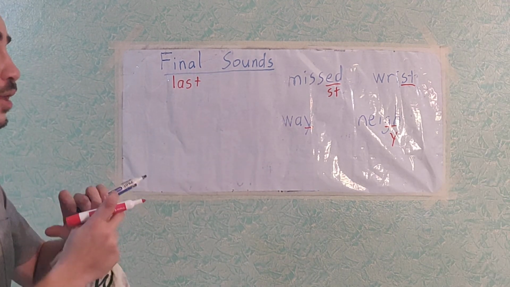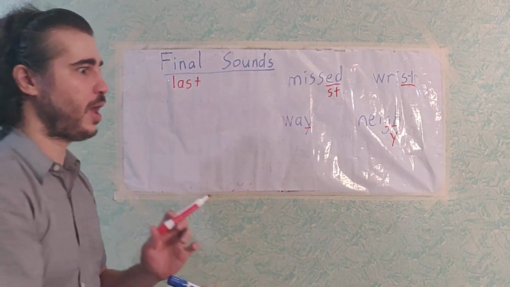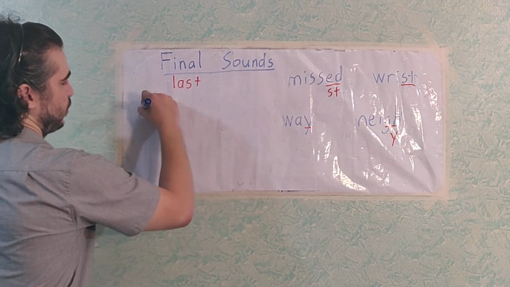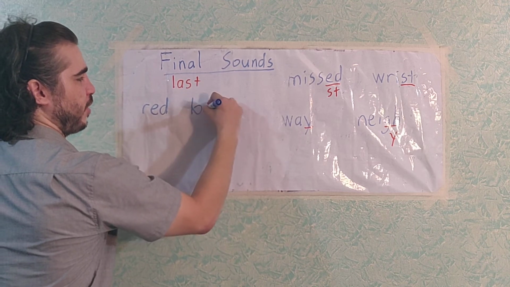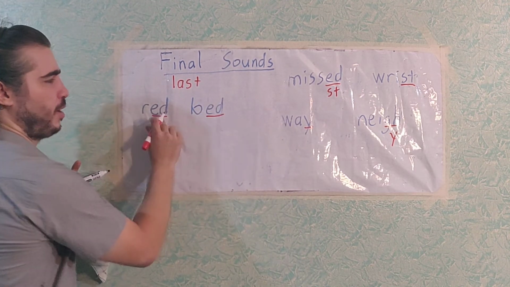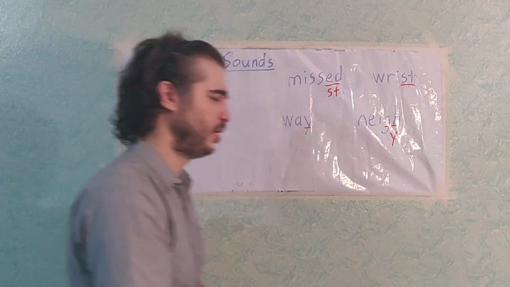So if something has the same final sound and the same last syllable, it rhymes. I know that sounds complicated, but you'll see, this is very easy. Like bed and red. Red, bed. That rhymes.